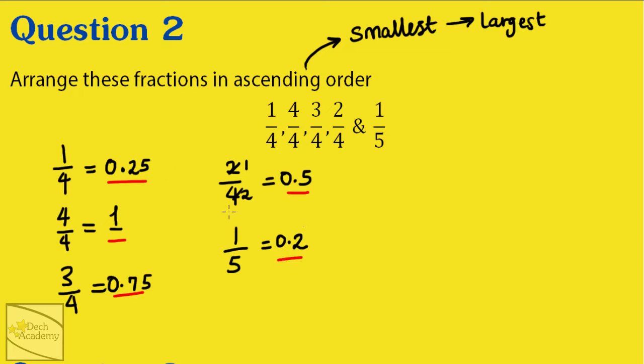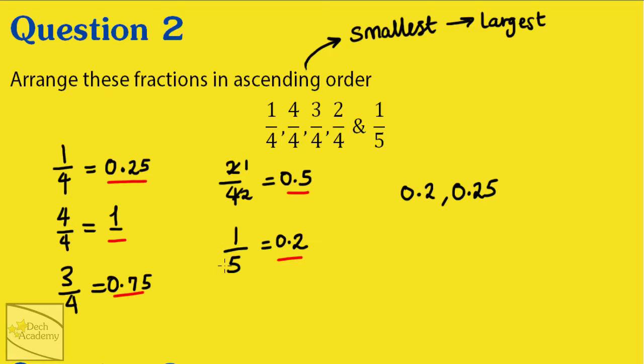And now it's very easy for us to say, looking at all the decimals, because we're going from the smallest to the largest, which is the smallest number here? It's clearly 0.2. Then the next smallest number is 0.25. A good way to do this is to ask which is the smallest number? 0.2.